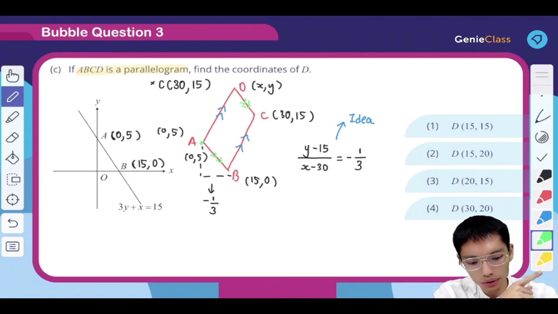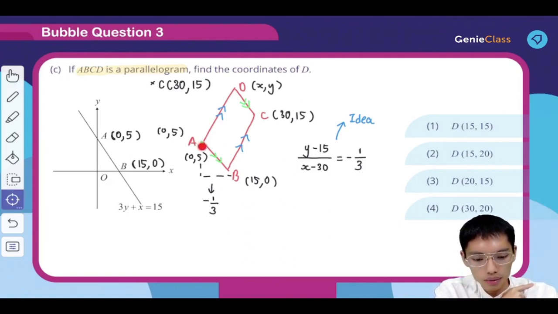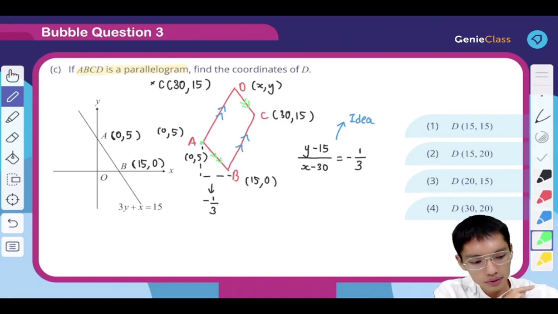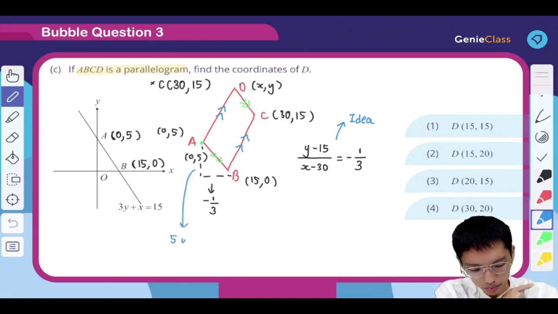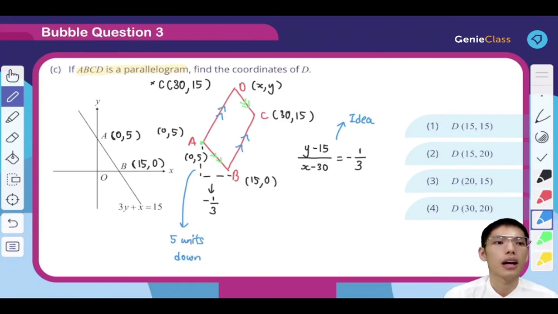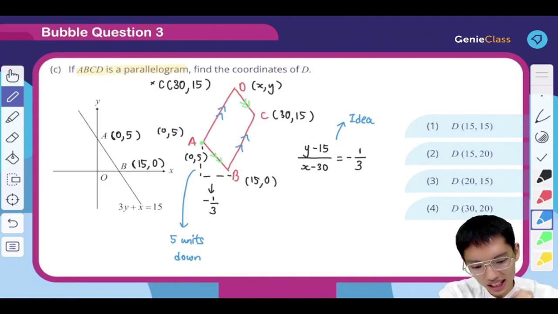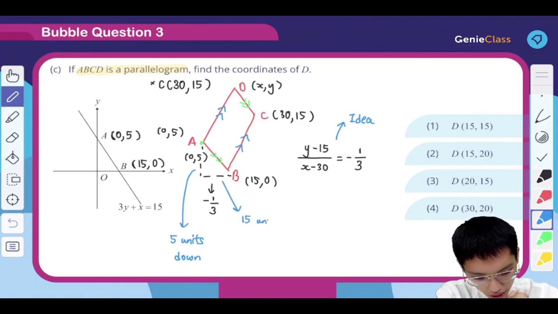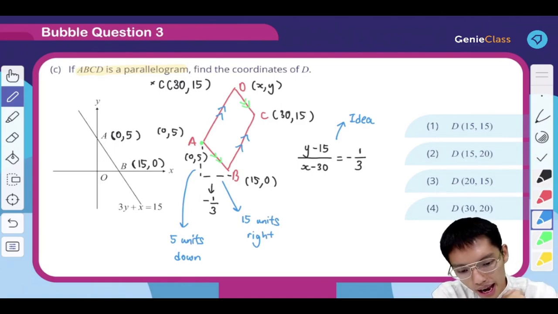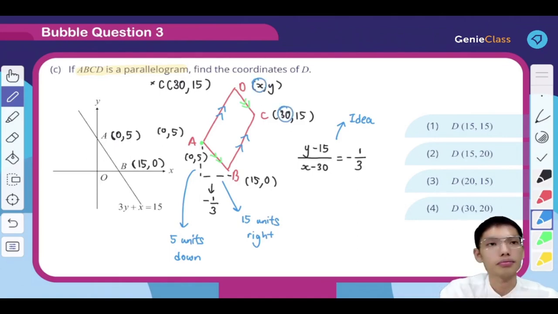If you recall, from here it actually moves 5 units down. Correct, in this case the same ratio, very good. And then in this case, same ratio and the same movement, so 15 units to the right. So that means for it to reach here, it's going to be 5 units down.